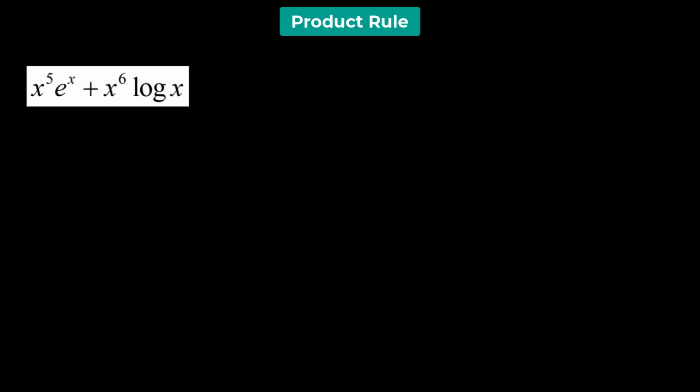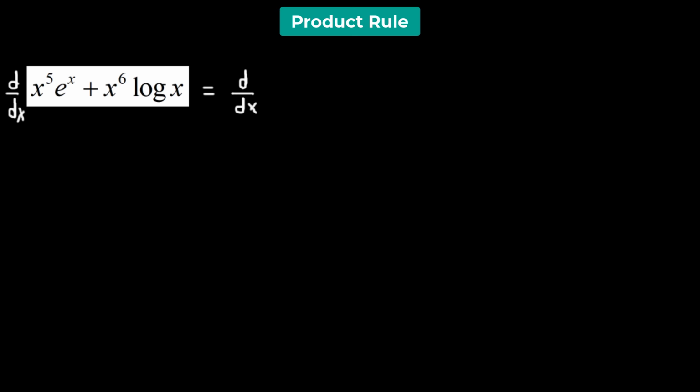So here we have the function x raised to the power of 5 multiplied to the exponential function, which is added to x raised to the power of 6 times log of x. So we have to find the derivative. So what we can do is first we can split and apply the derivative to each of the terms.